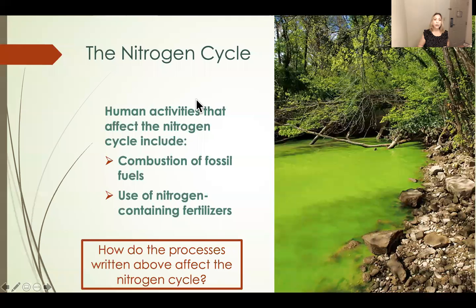So just to review what you've learned through this whole PowerPoint, we did an introduction to biogeochemical cycles. So you need to know the definition of what a biogeochemical cycle is. I also wanted you to know the difference between, say, an element and a compound or molecule. You just call it a molecule. Then you learned about the water cycle.